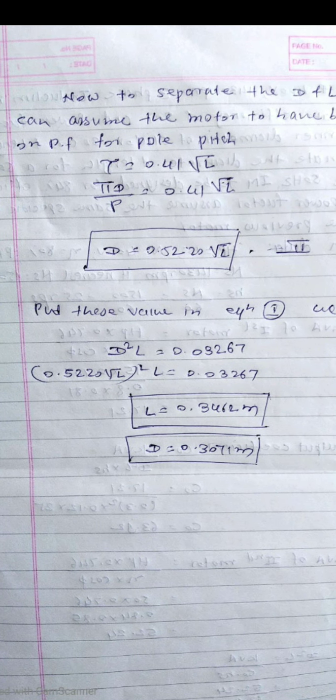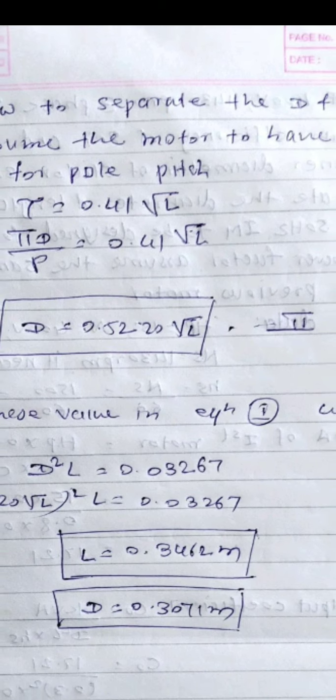Tau, the pole pitch, is pi d divided by p, and the poles given are 4. Putting the values, d is equal to 0.5220 under root L. Call this equation number 2.